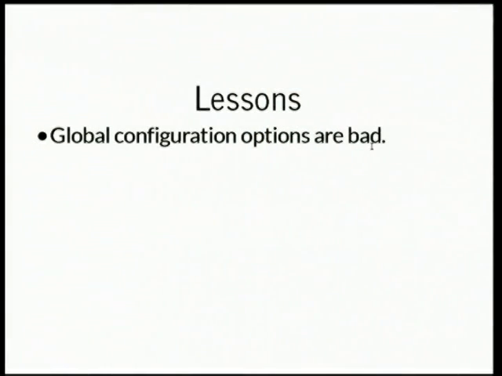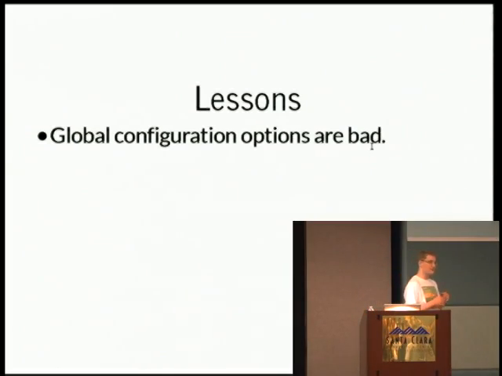So what lessons can you take from the evolution of the Python Unicode implementation? One is that global configuration options are bad. You should not be able to change the semantics of the Python language by changing a configure option. It just creates incompatibilities.